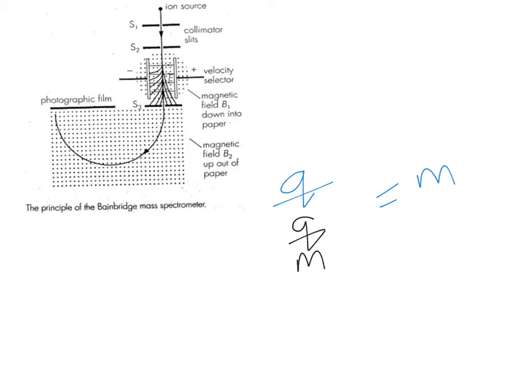So there are many methods to determine specific charge. We're not going to examine every single way. We're going to look at one method, but the principle is the same. The principle is you have to make use of the three cases that we learned in the previous video. Remember, in the uniform electric field, it accelerates, then it's half mv squared equals qV, or W equals qV.